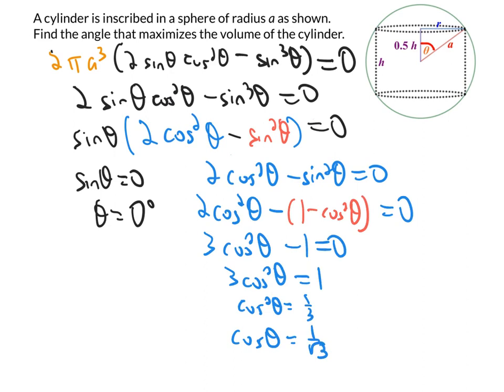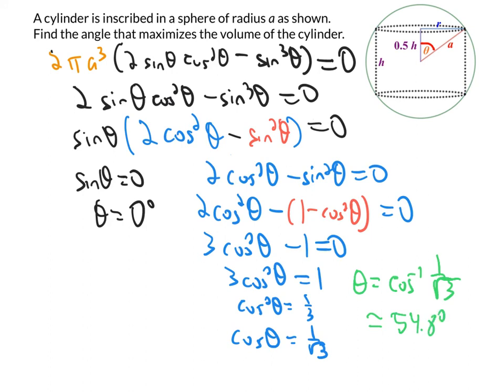I can neglect the minus 1 over root 3 solution because that would be in second or third quadrant, and we know that we only need to be in first quadrant. So cosine of theta equals 1 over the square root of 3, or theta is inverse cosine of 1 over root 3, and our handy dandy calculator will tell us that that is approximately 54.8 degrees, which will give us our maximum volume.